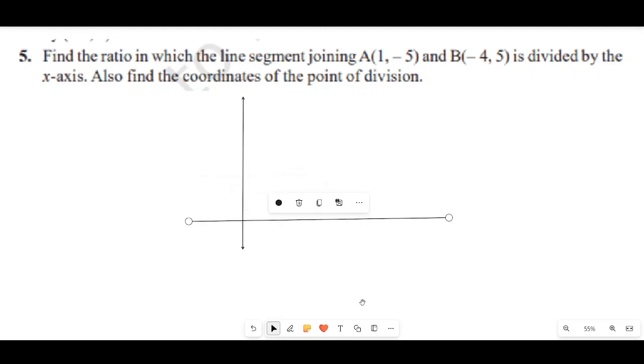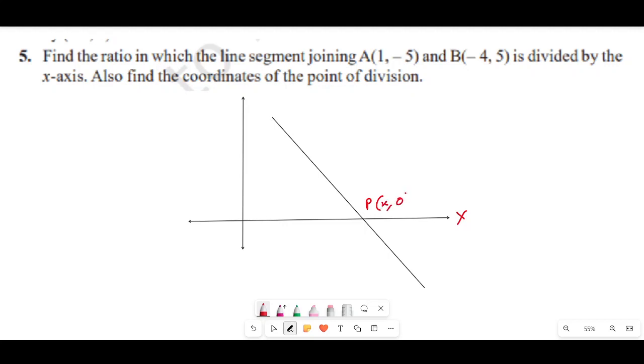Now suppose this is a line and it divides at this point, suppose this is P. Here I don't know the value of x, but I have the value of y, because this line divides at the x-axis, so the value of y will be 0, but I don't know the value of the x coordinate.